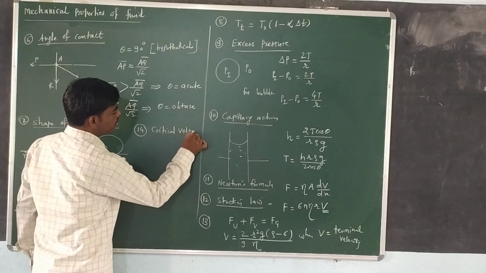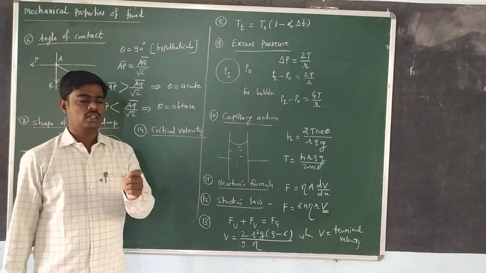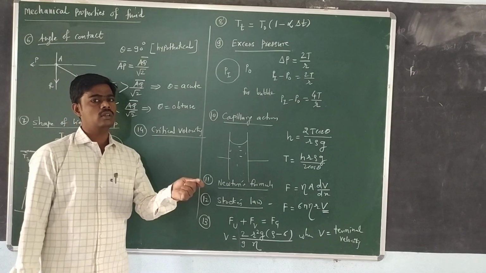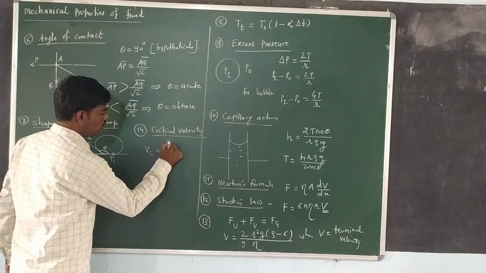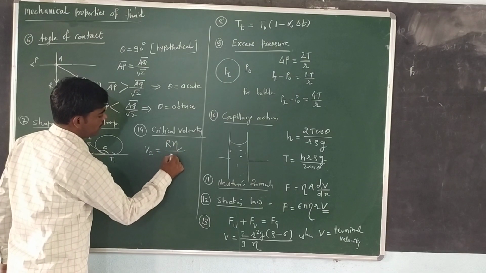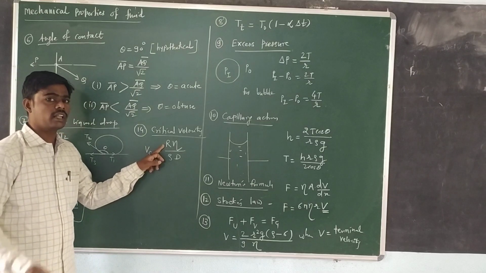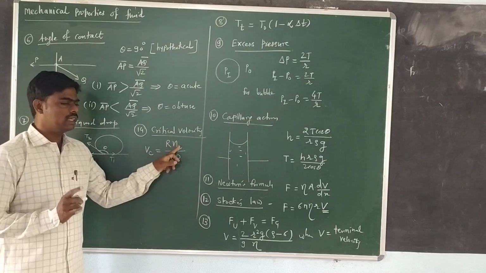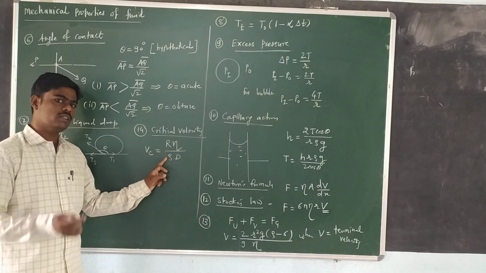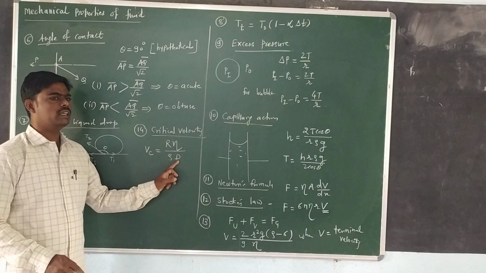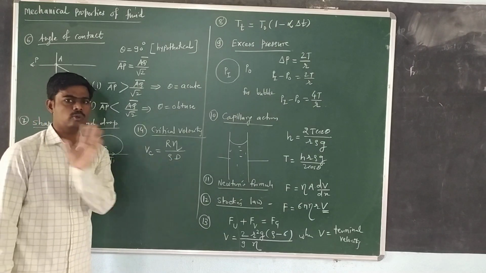This velocity will decide whether the flow of fluid is streamline or turbulent. It is given by the formula Vc is equal to R eta upon rho D. R represents the Reynolds number, eta represents the coefficient of viscosity, rho represents the density of fluid, and capital D represents the diameter of the pipe through which that fluid is flowing.